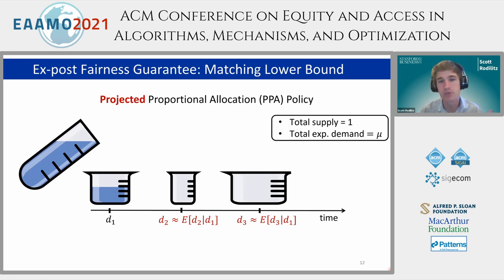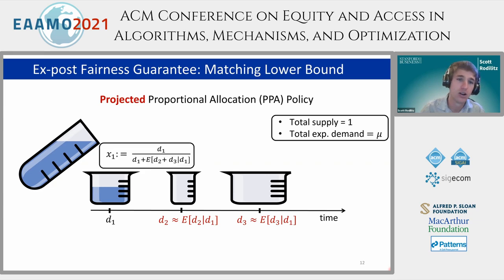It's based on the optimal policy if demand were deterministic. The way I want you to think about it is, what would you do if you knew what demand was going to be? You'd allocate proportionally, as we discussed. Because you don't know future demand, you can't do exactly that, but we'll do the next best thing, and we'll replace future demand with its expectation.